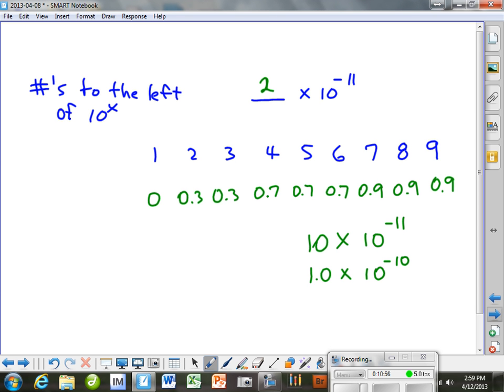Let's say the number is 3.5. Can you still round to 0.3? You can do it any way you want. It won't matter if we round to 0.3, because this guy is giving you 90% of your accuracy. When we estimate anything in between 10 to the minus 11 and 10 to the minus 10, that's what these numbers up here are all about.